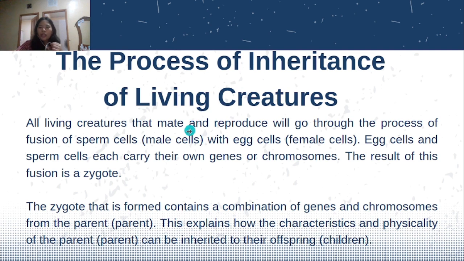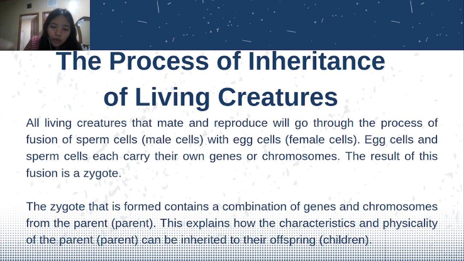The process of inheritance in living creatures. All living creatures that mate and reproduce go through the process of fusion of sperm cells or male cells with egg cells or female cells. Egg cells and sperm cells each carry their own genes or chromosomes. The result of this fusion is called a zygote.